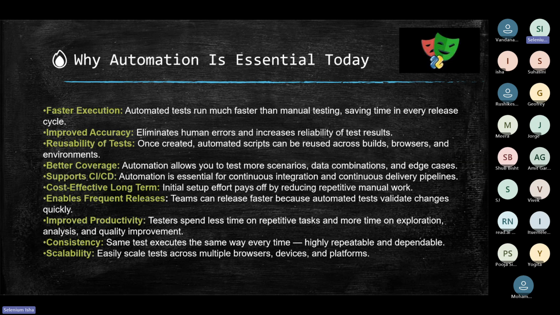Correct? Whenever there are complex situations or complex functionalities inside our application, even during that time, automation will help us a lot so that you can concentrate on the main task rather than these other activities. So first, it provides faster execution.